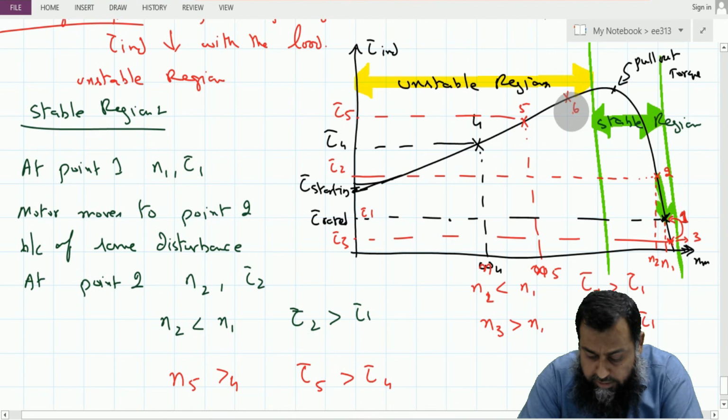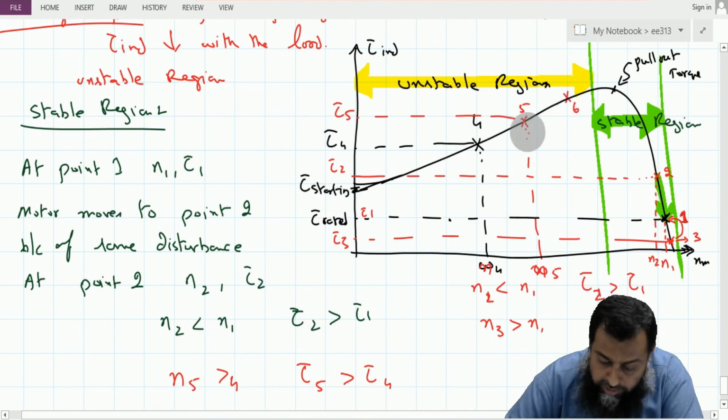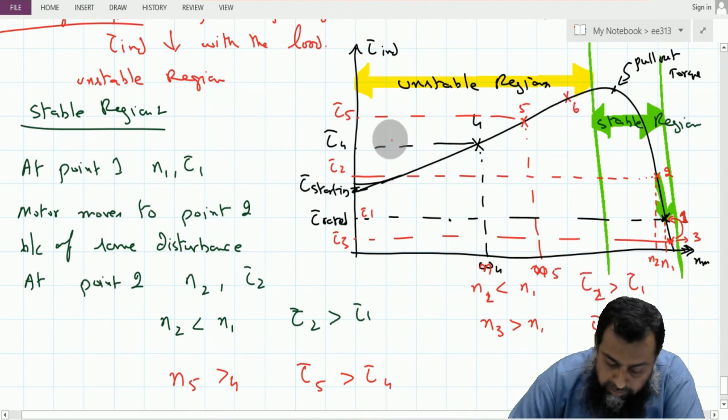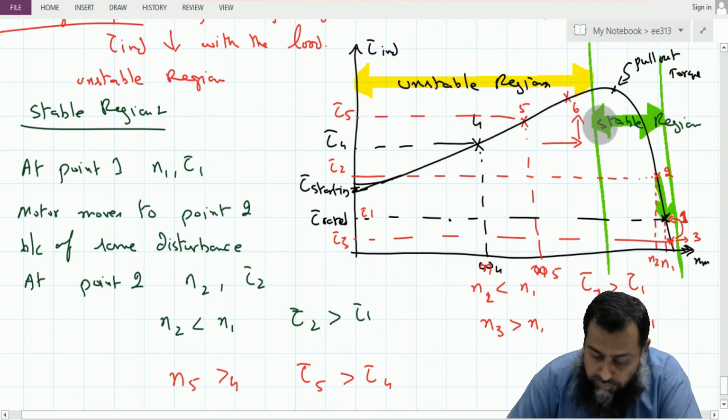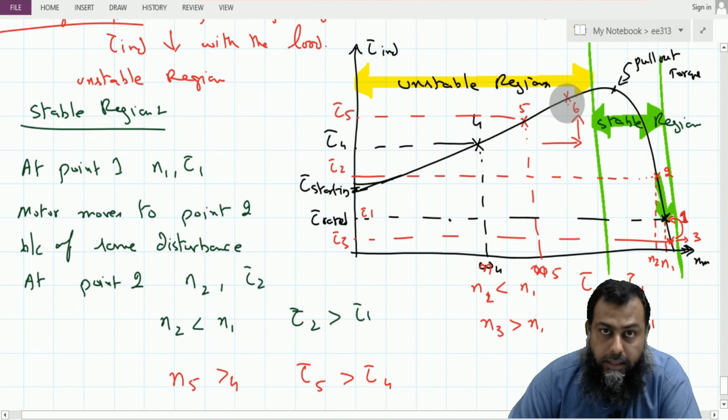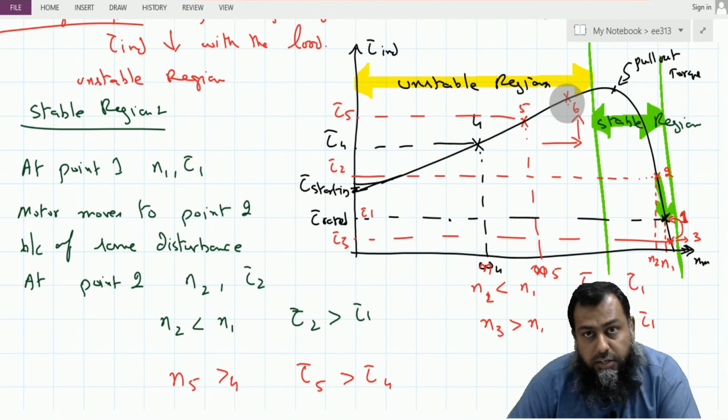It will increase its speed, and in this particular region, the increment in the speed is followed by an increment in the torque induced, right? This way we are increasing the speed, and also we are increasing the induced torque or the torque which is developed in the motor. So what will happen then? The motor will again accelerate and move further from this point number 4, and therefore, because the motor is not coming back to this point number 4, this region is not a stable region.